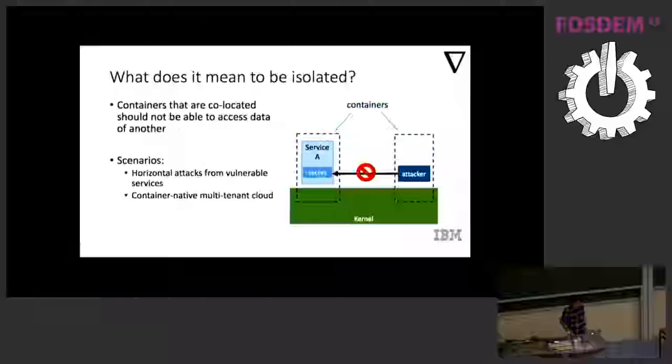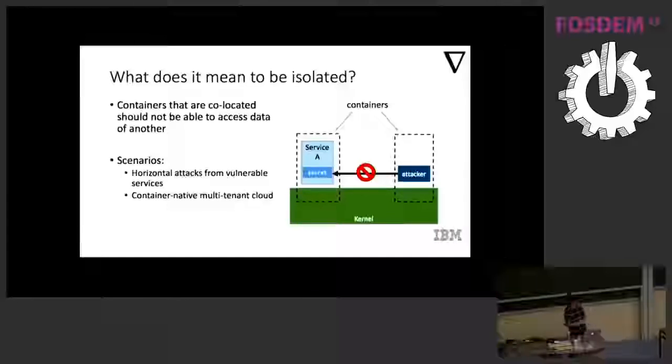All right. So how we define isolation is that a workload should not be able to access the data or secrets of a co-located workload or container on the same host, right? So a quick example is we have service A over here, and service A has a secret or some data, and an attacker that runs another container on the same host should not be able to access that secret, right?